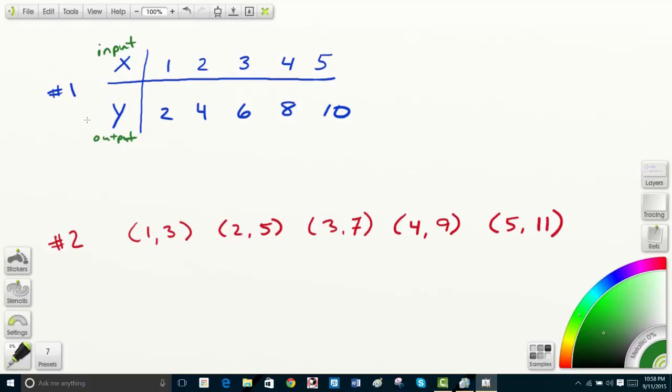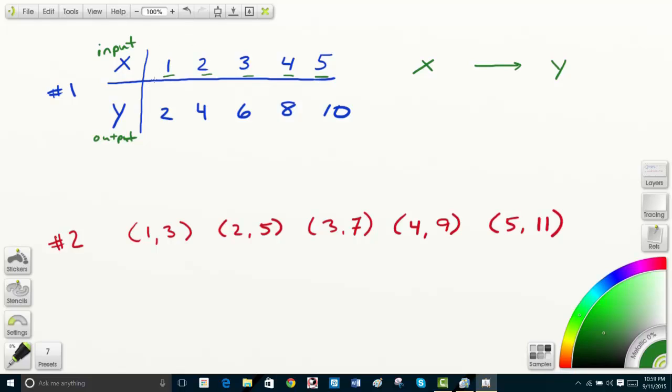And this is the question we want to ask ourselves. We have these values 1, 2, 3, 4, and 5 as our values of x, and we want to decide, what do I need to do to x mathematically to get the y answer that is below it?